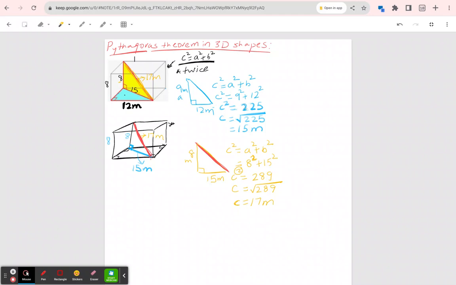Okay, so if it is a word problem, I strongly advise you to write down "therefore". So these three dots, they are called therefore.